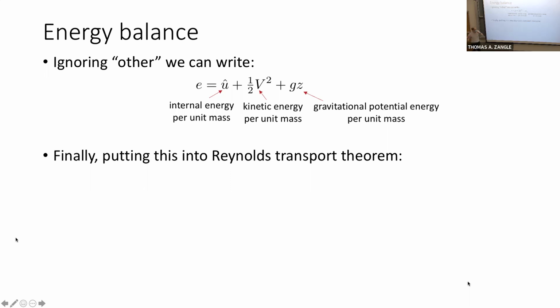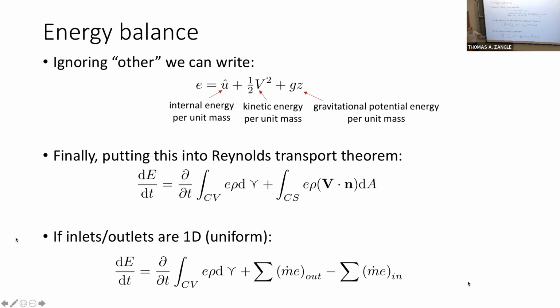And then we're going to be putting this into our Reynolds transport theorem, where I can substitute for little e those three terms. So it's telling us the total change in energy within the fluid per unit time is the change within the fluid contained within my control volume plus the stuff that moves in and out over my control surface.